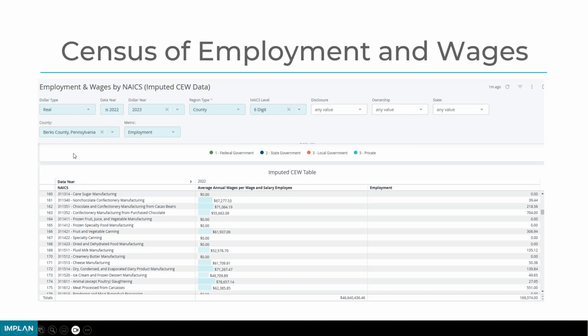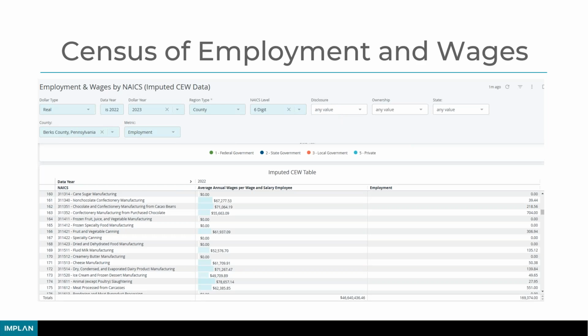You can say, I want to know in Berks County, Pennsylvania, what does employment look like, and average annual wages per wage and salary employee, how does that look? And you can pull it out. If you wanted to know which of these are imputed and which ones are original, you can choose this disclosure option.